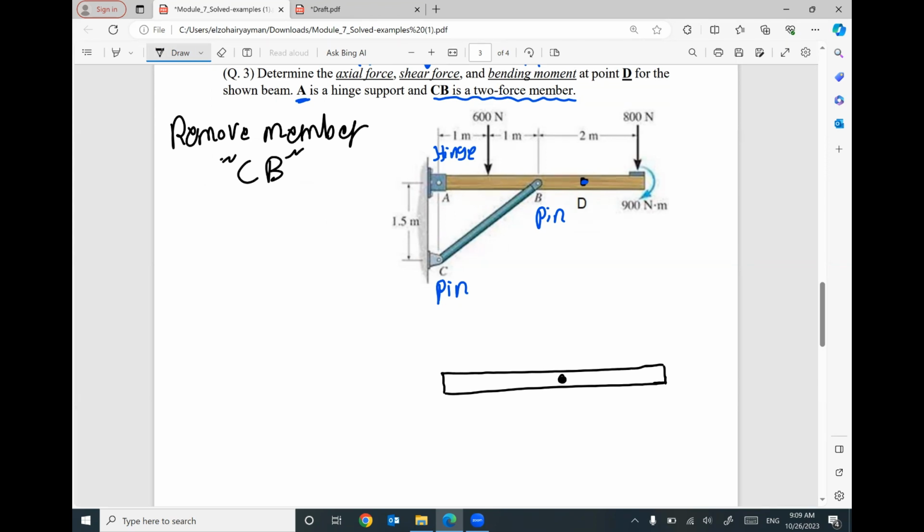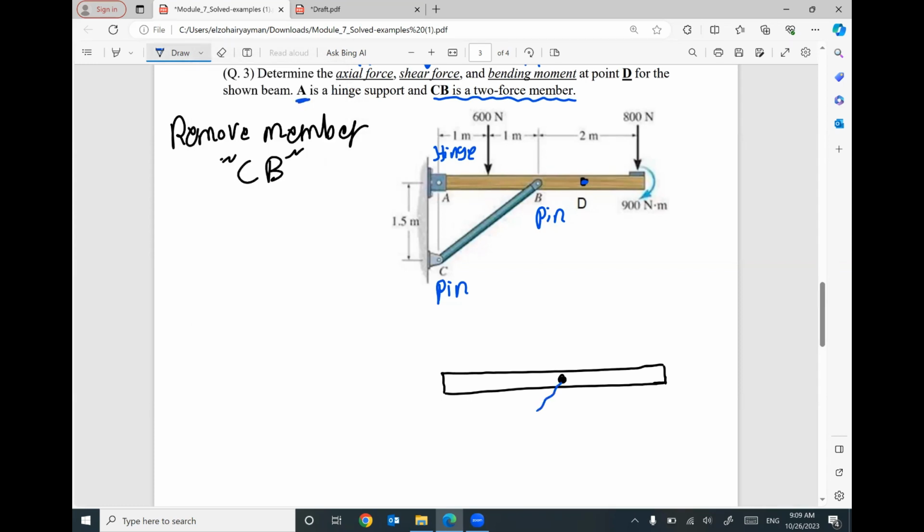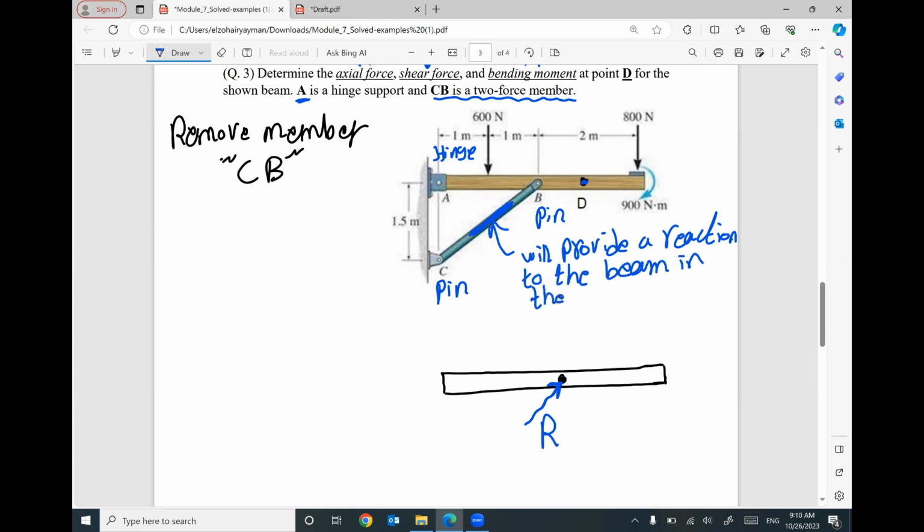And then I will put a reaction at B in the same direction of this member. That makes sense? So this 2 force member will provide one reaction to the beam in the same direction of the member.